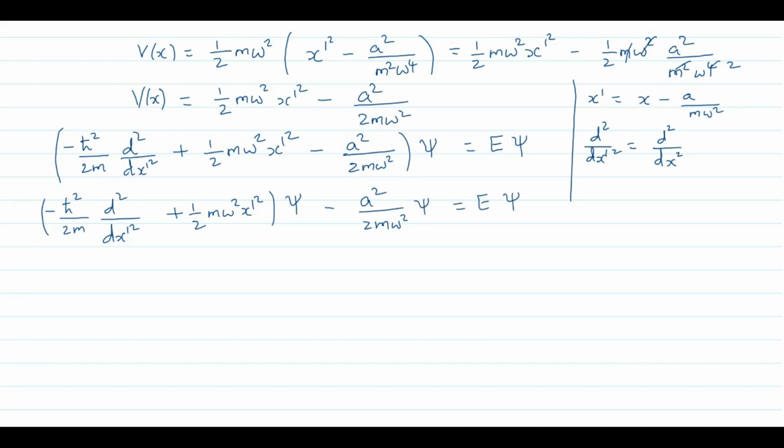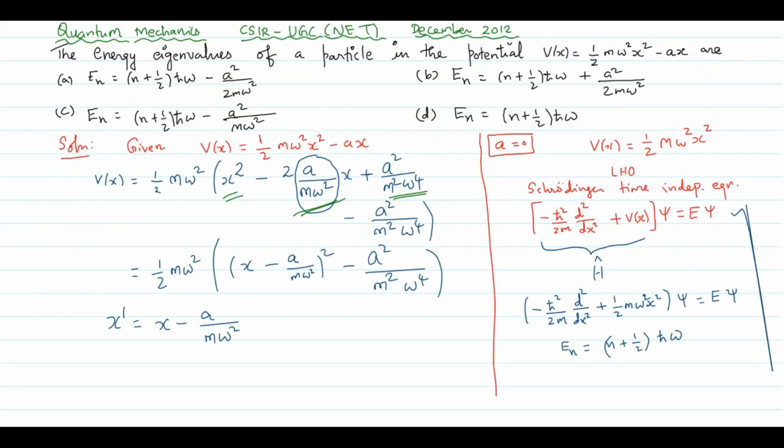Now what is this quantity? This is the Hamiltonian for the harmonic oscillator. Now what is the energy eigenvalue? If you solve this, I will get n plus half h cross omega.